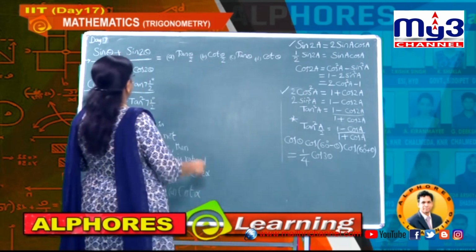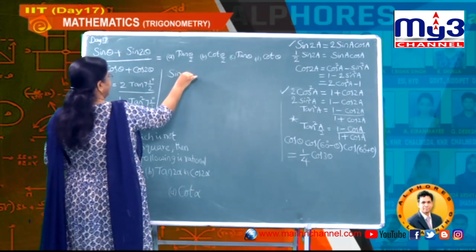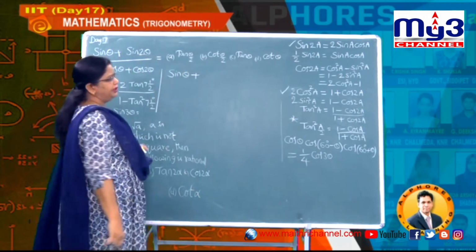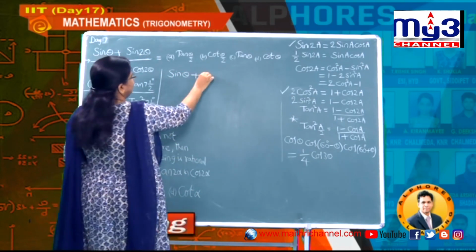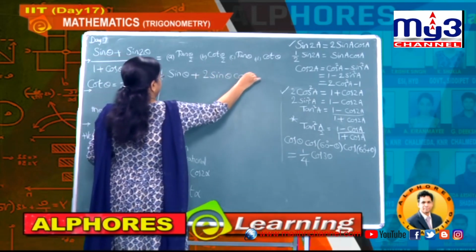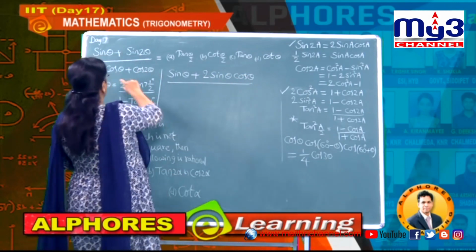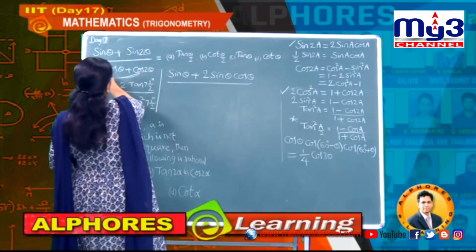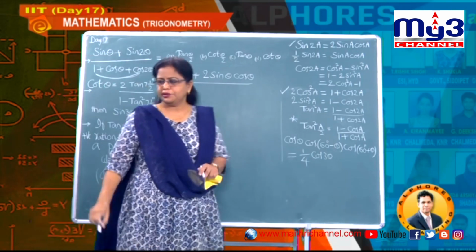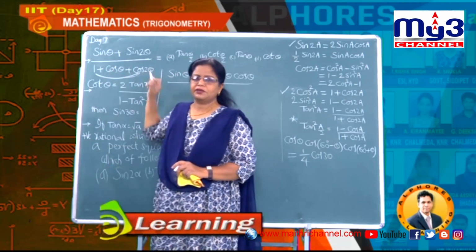Now the first one, that is numerator, sin theta we are putting as it is, and this sin 2 theta we are using the first formula. It is in terms of theta, therefore I am writing theta whole divided by denominator. What is the denominator? 1 plus cos 2 theta we have taken. So this is 1 plus cos 2 theta, and what is this 1 plus cos 2 theta?